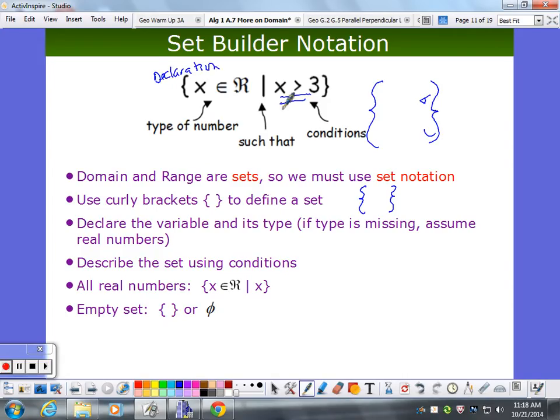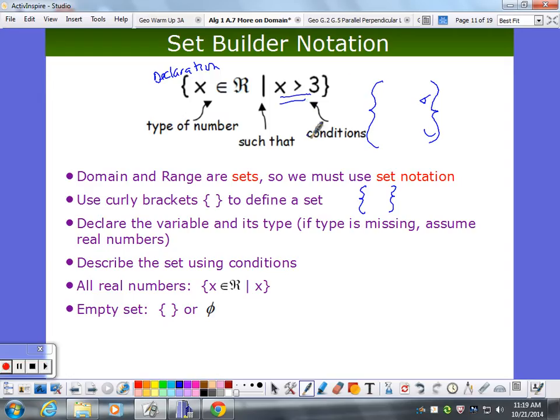What is x? What number system does x belong to? This says x, this little funny epsilon thing, means x is an element of the real numbers. The fancy R means real numbers. Such that any x in the real numbers, if it is bigger than 3, it's in my set.